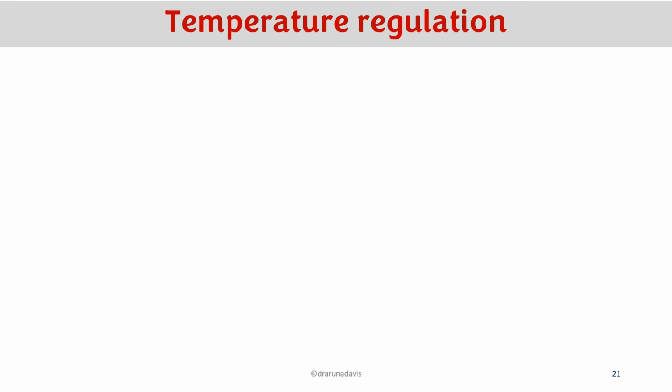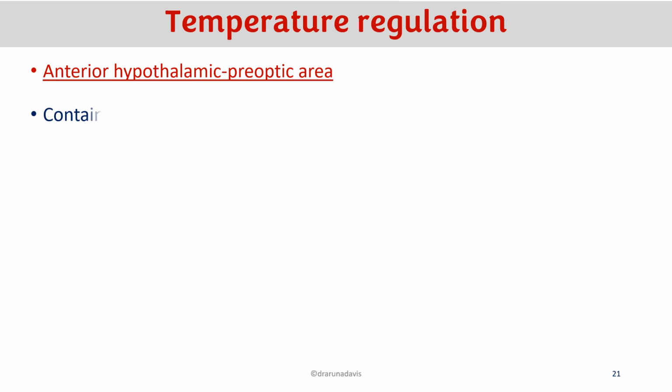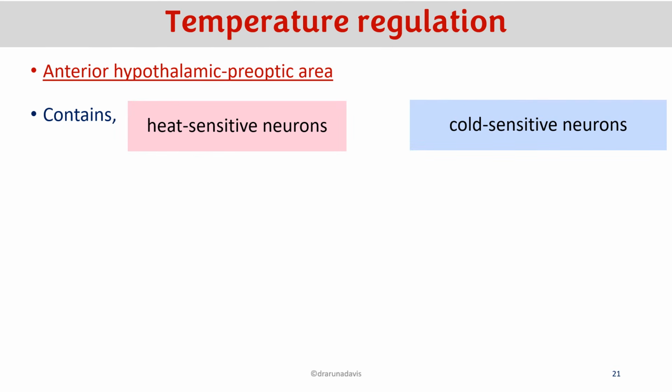The main area that controls temperature in the hypothalamus is the anterior hypothalamic preoptic area. It contains heat sensitive neurons as well as cold sensitive neurons. Suppose the external atmosphere is really hot, or your body temperature increases, what happens?